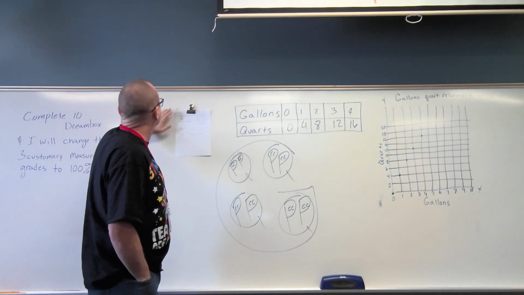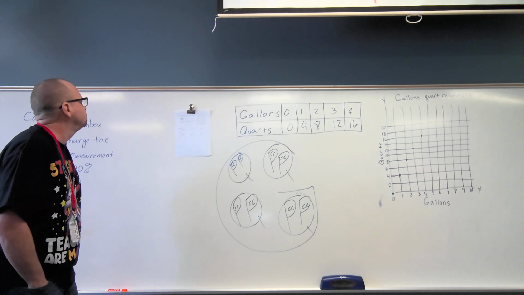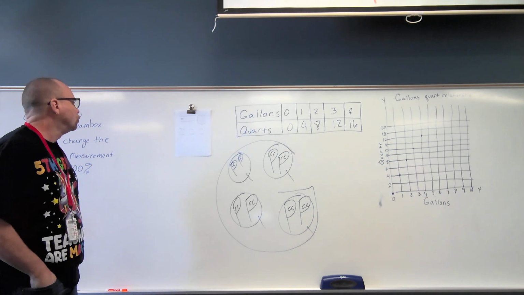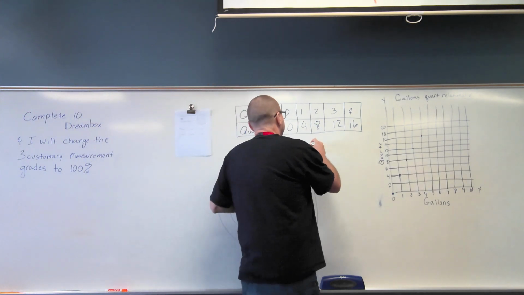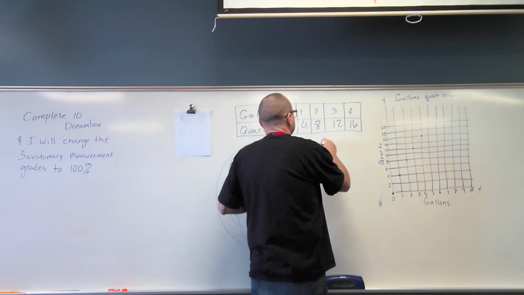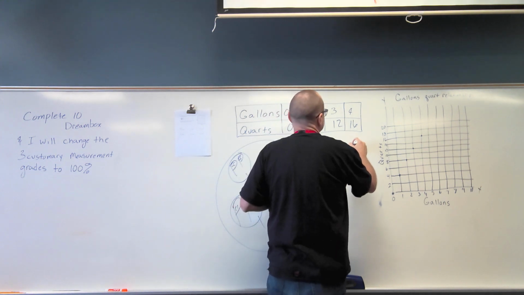Then you also have to describe any pattern you notice in the pairs of numbers you graphed. Write a rule to describe them, where our rule would be gallons times 4 equals quarts.